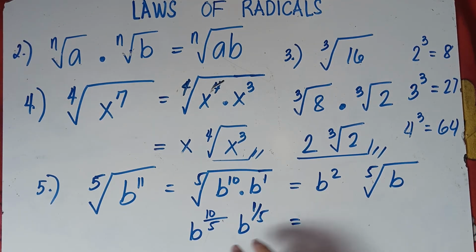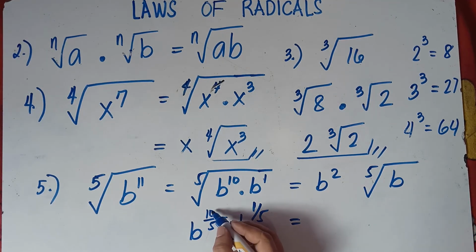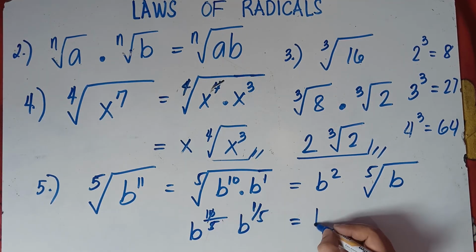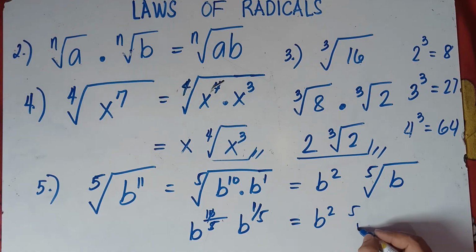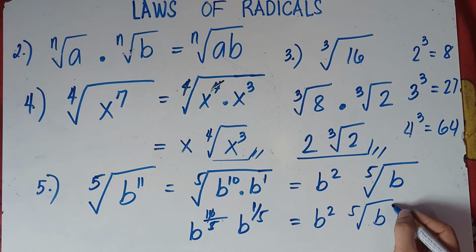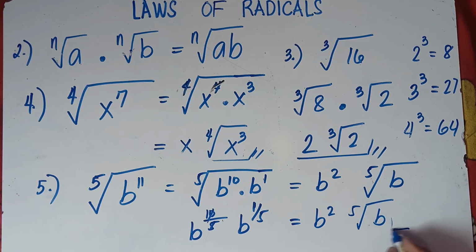To convert this into radical, we divide 10 divided by 5, that is 2. So that's why we have b squared. And this one, we cannot divide 1 by 5, we get a decimal answer. Converting this into radical, that would be the fifth root of b raised to the power of 1. And you will get the same answer, class. Same answer.